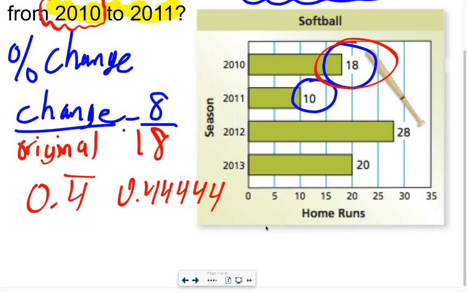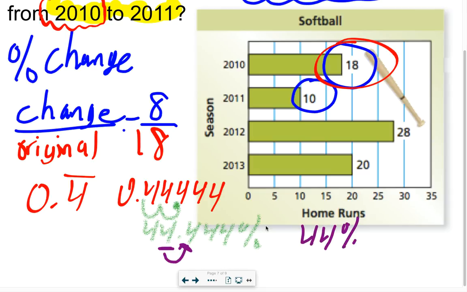Again, move the decimal 2 times. A 1, a 2. So that gives you 44.444%. Round wherever they tell you. If it's to the nearest whole, then you start right here, take a look back, and that would be not rounding up. So 44%, and this one is a decrease. If they say round to the nearest tenth, that's fine.